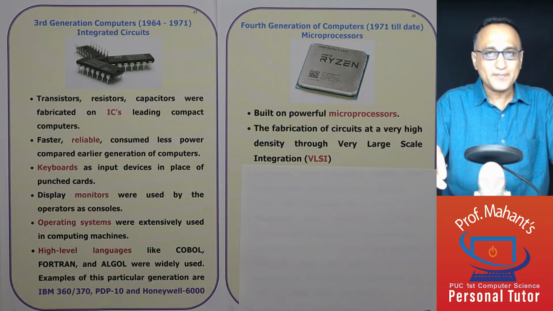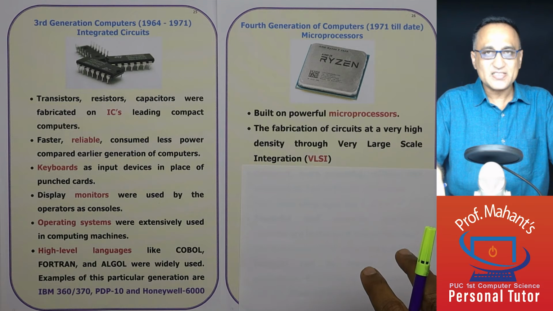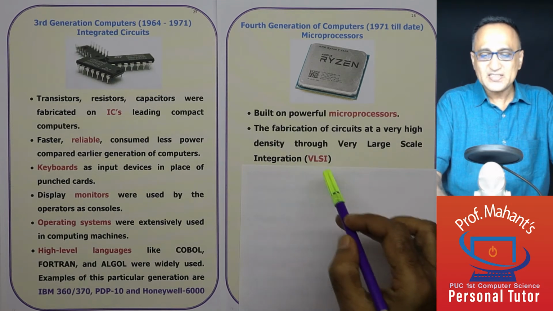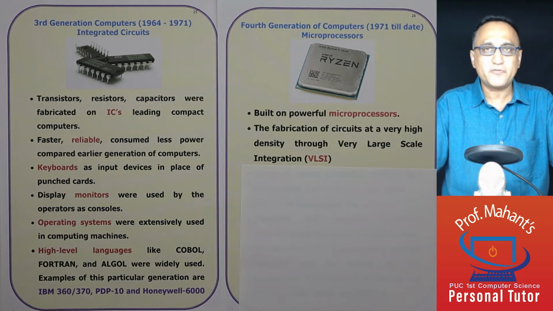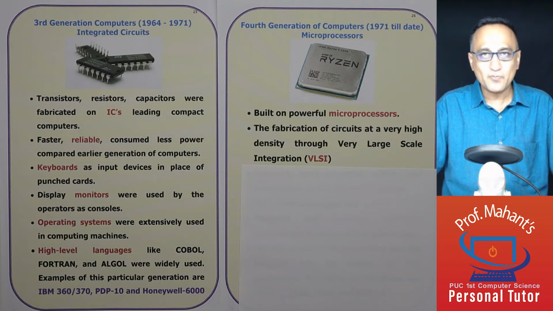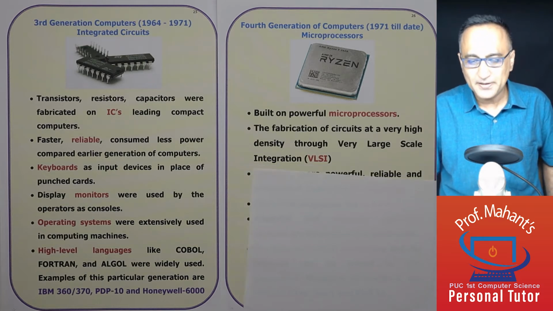Suppose you can fit in 10 transistors per millimeter. In very large scale integration, you may be able to fit 10,000 transistors per millimeter. As a consequence, the size of the circuit becomes smaller, consumes less power, and is more powerful because in a smaller space, more powerful machines can be built.